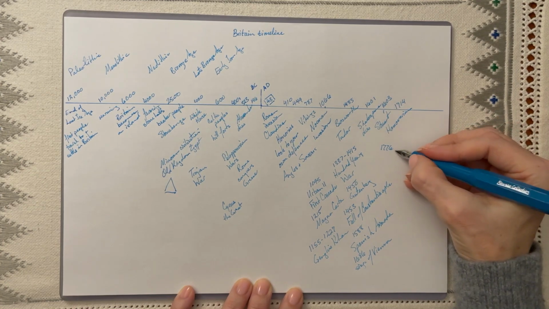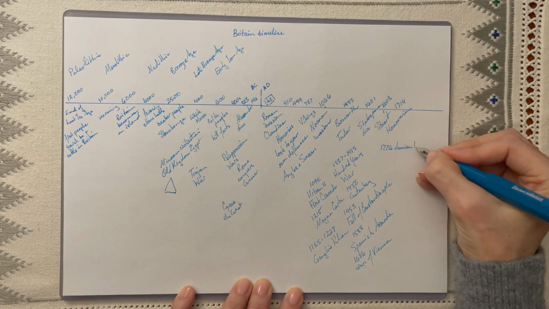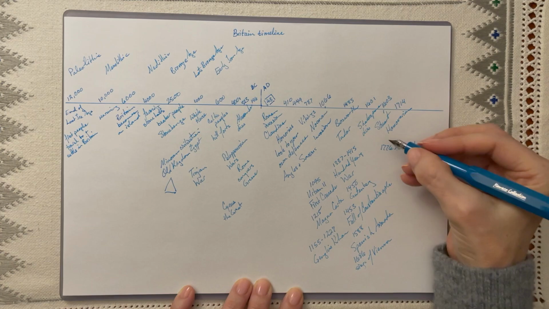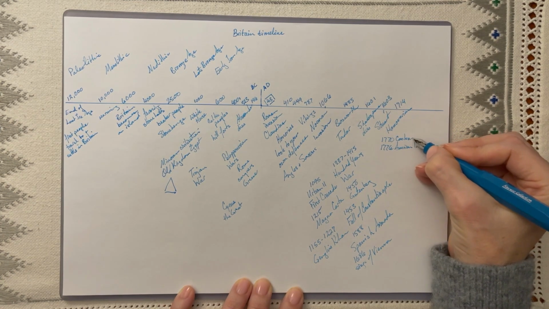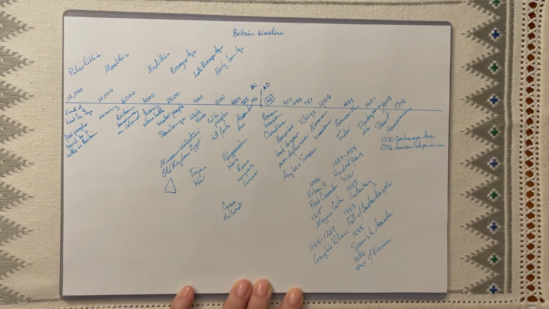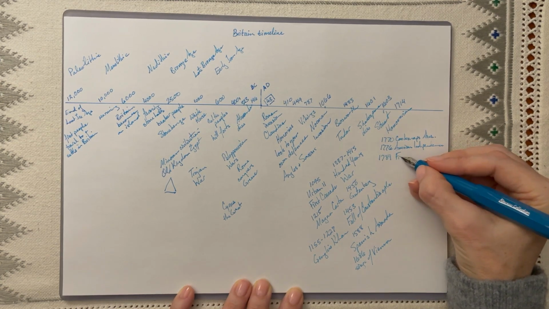1776, of course, American independence. 1770, Cook maps Australia. 1789, French Revolution.